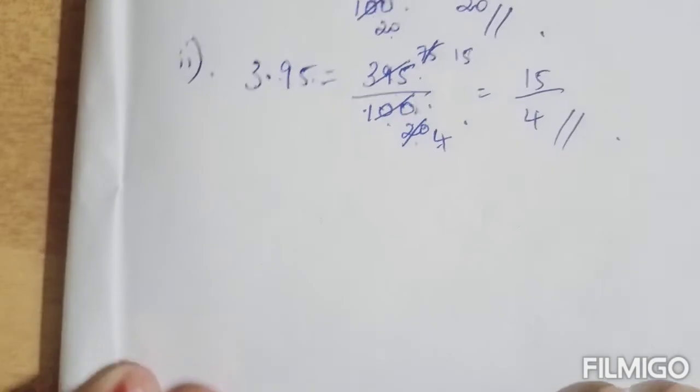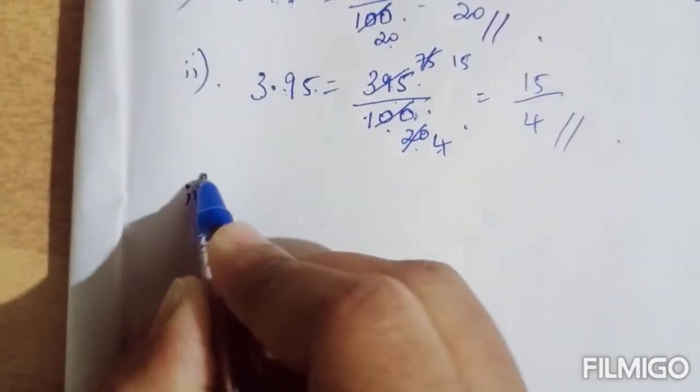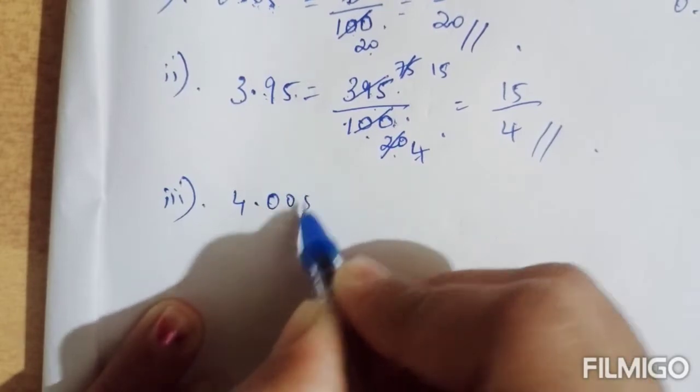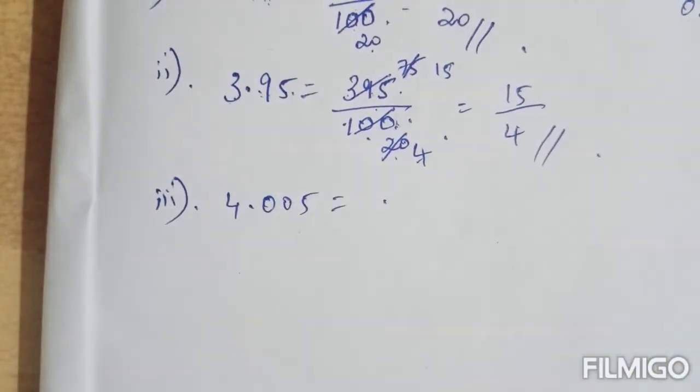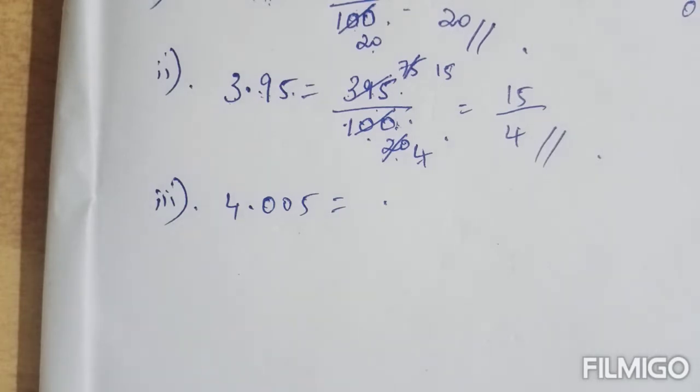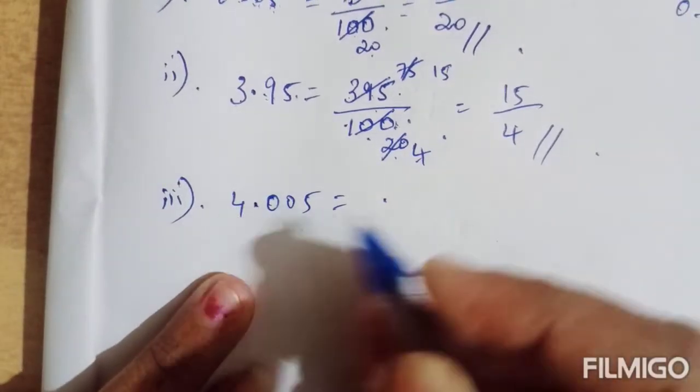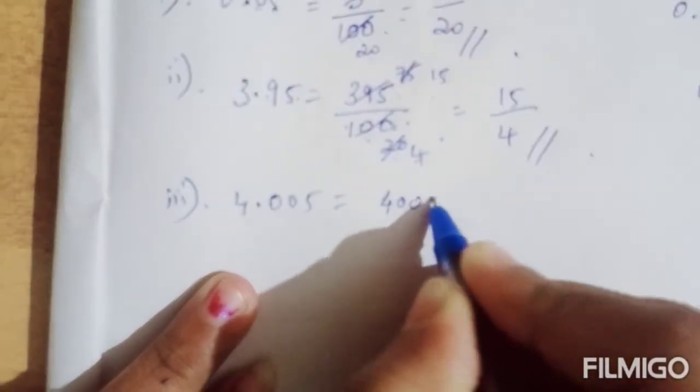Next, the third one, 4.005. To get the numerator, just write the given decimal fraction without decimal point. 4.005 you can write as 4005.